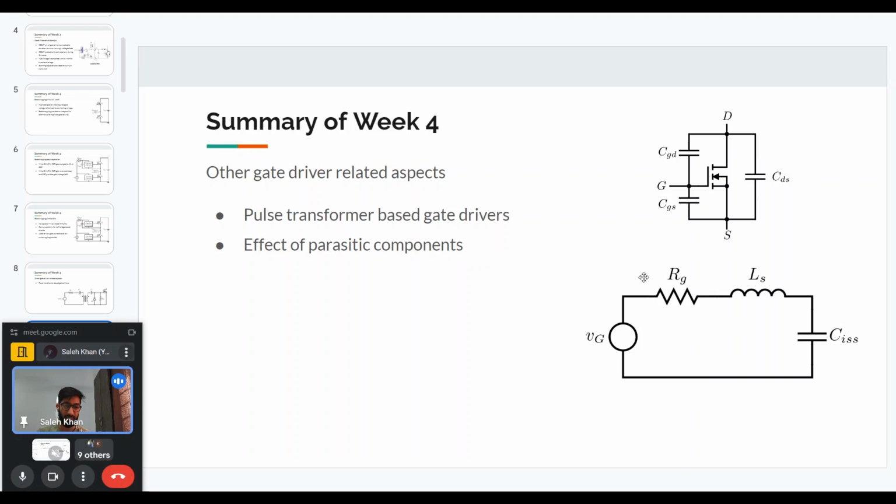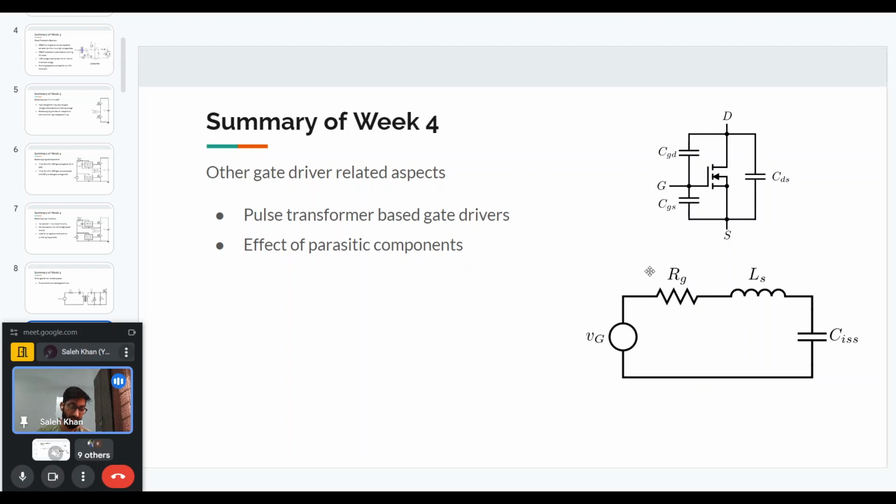And then we have the RG resistance that we put externally. So this forms an RLC circuit. It will lead to some spikes in the voltage that actually comes across G and S. If the spike is too high, then it can actually damage the device.